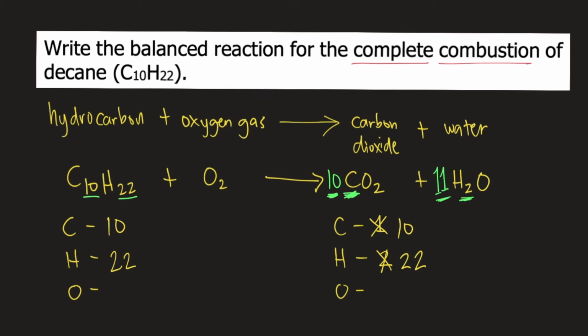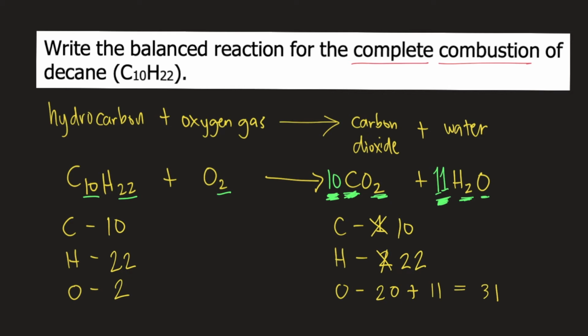We move to oxygen. On the left side, there are 2 oxygens. On the right side, there are 10 times 2, that's 20, plus 11 times 1 is 11. So 20 plus 11, that's 31 oxygens on the right side.